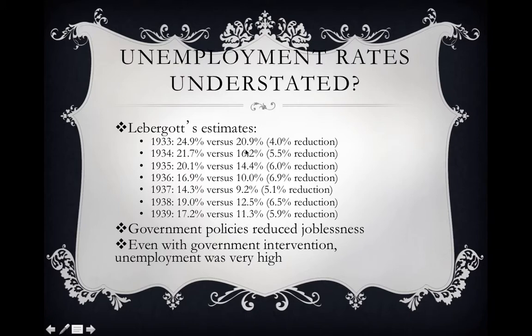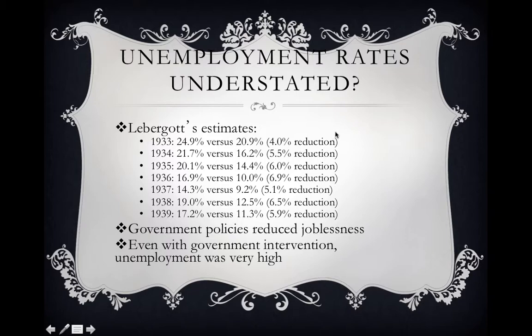So these numbers are the actual unemployment rates, and this is Lebergott's adjustment to include individuals who are working in these public works projects. And you can see it gives you an impact of what these public works projects were actually doing. They were actually reducing unemployment. For example, in 33, they reduced unemployment by 4%, 5%, 6%, 7% in 1936.